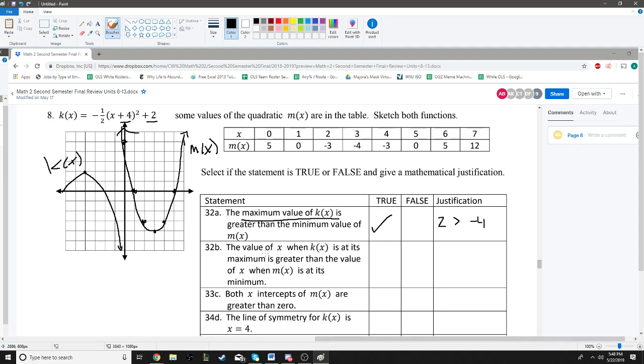The value of x when k of x is at its maximum. So k of x is at its maximum here, and that value of x is -4. It says is greater than the value of x when m of x is at its minimum. And that number right there is a +3, because it's (3, -4). And that is false.